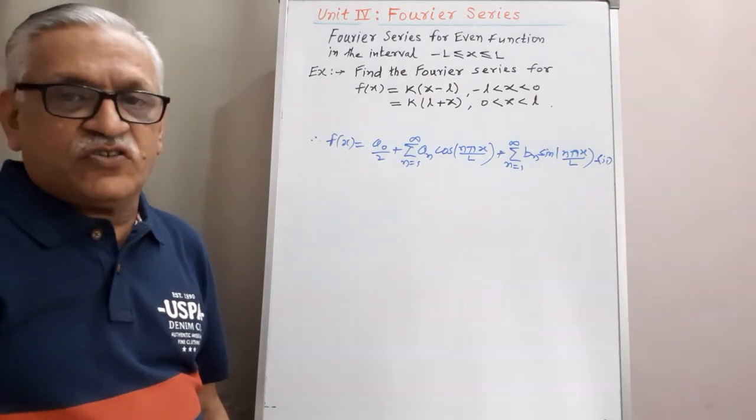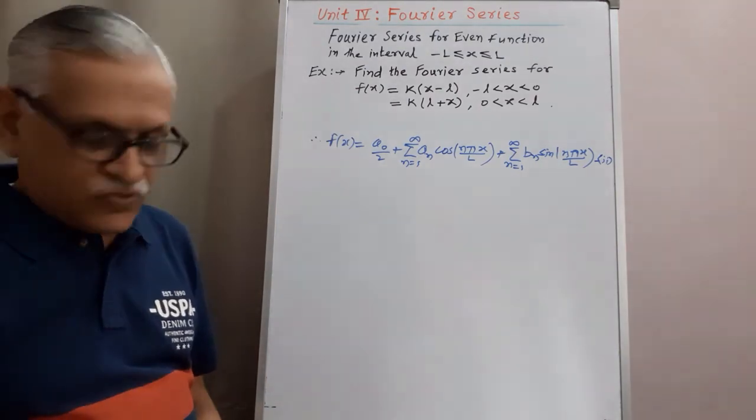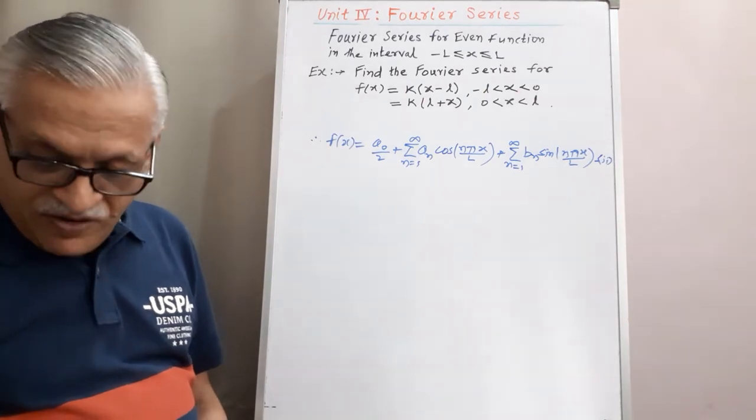Substituting the values of a0, an and bn in equation 2, we get the required Fourier series.